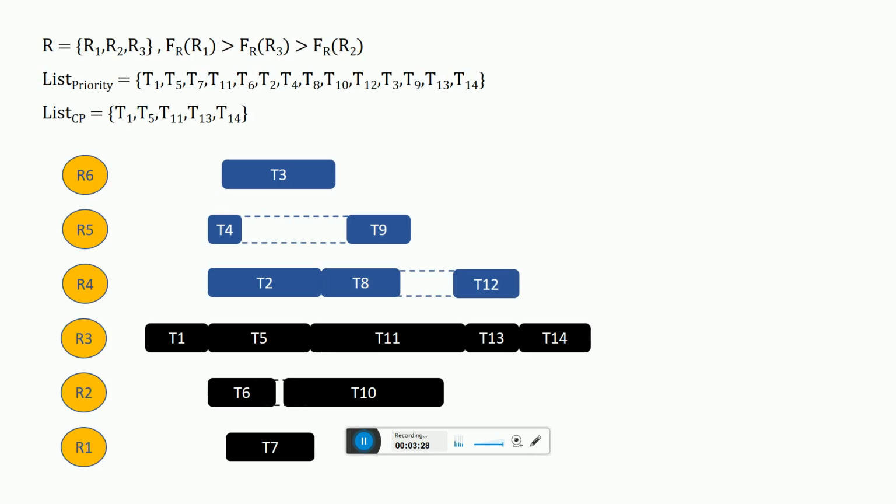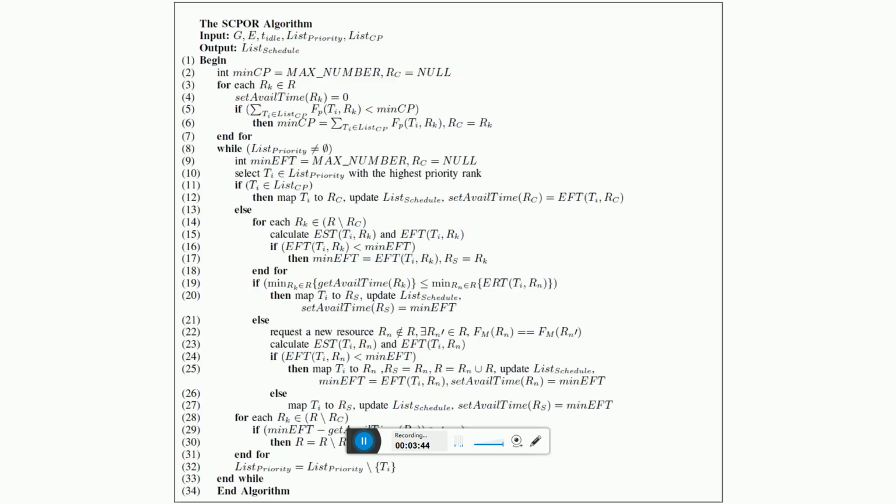As you can see, no task is going to be assigned to R3 because R3 is only dedicated to critical tasks. The horizontal dashed lines that you can see are the idle time of that resource. And here is the pseudocode of the SCPOR algorithm.